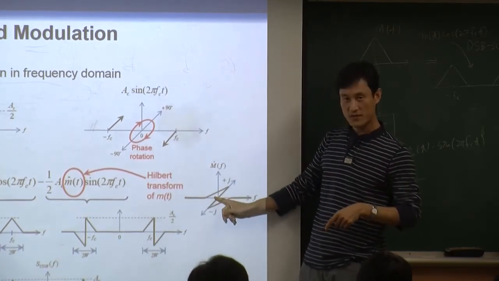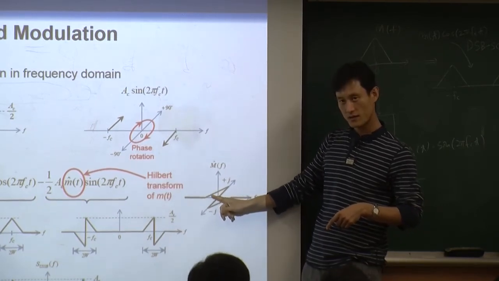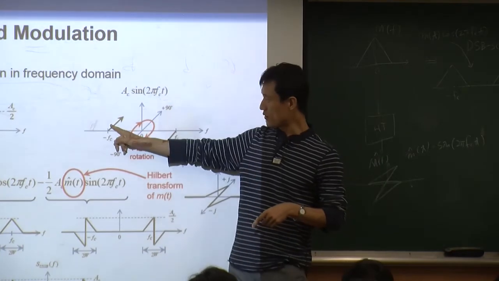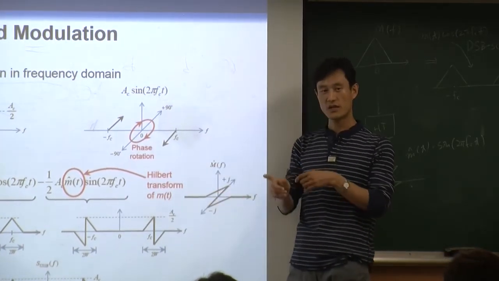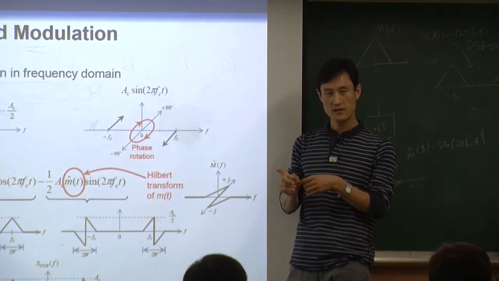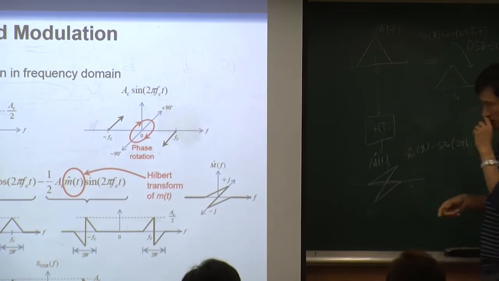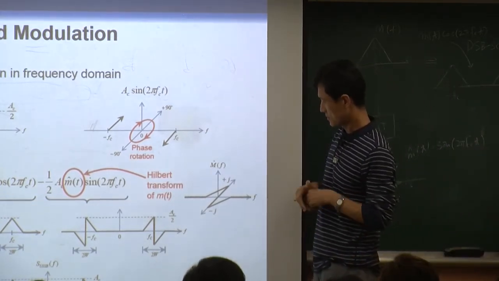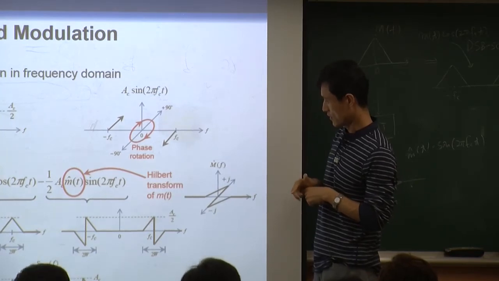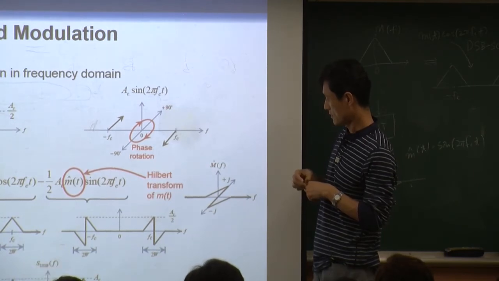Looking at the negative frequency, here you have 90 degree, and we have also 90 degree in sine. When you multiply these two, it's going to be 180 degree, right? Is it 180 degree?